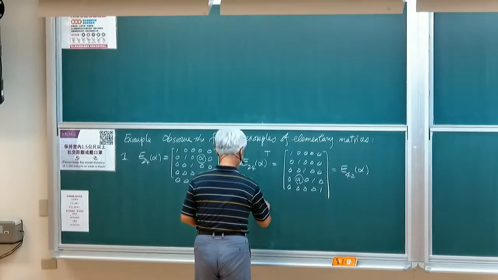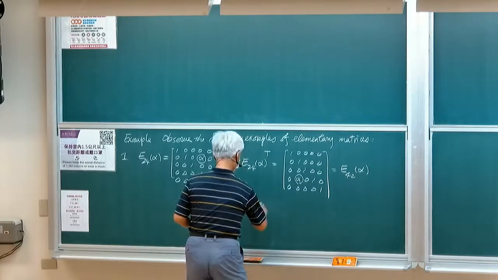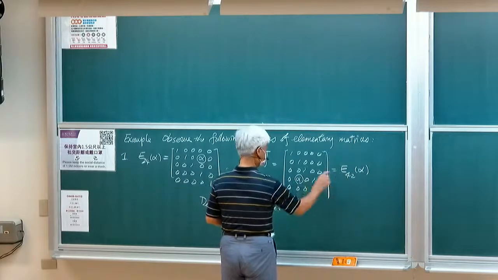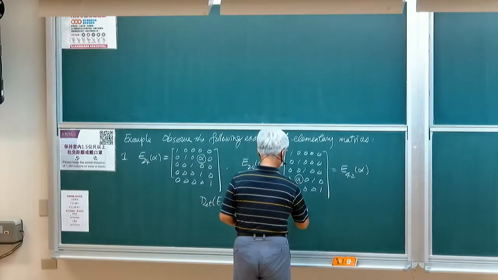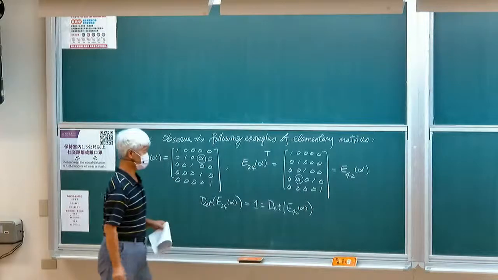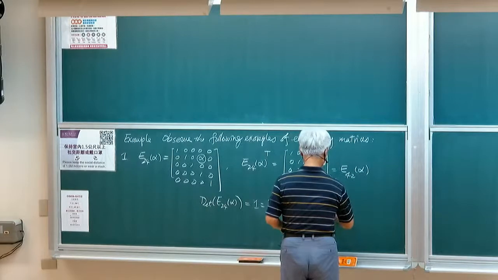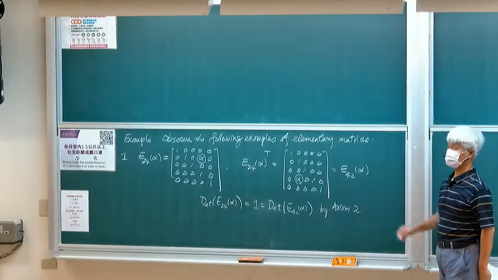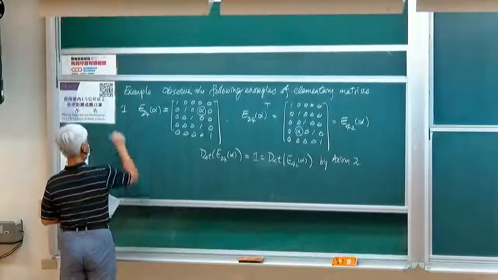And this is 1, and also the determinant of this elementary matrix corresponding to a replacement row operation also has determinant equal to 1 by axiom number 2. So this is about replacement. Okay, how about the next elementary row operator?